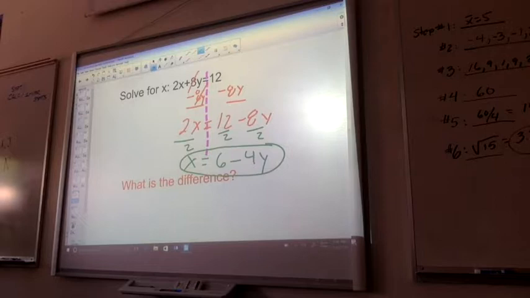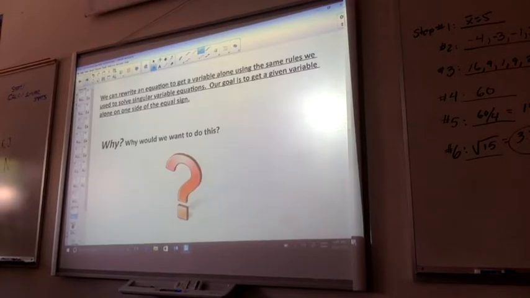All right. We can rewrite an equation to get a variable alone using the same rules we use to solve single-variable equations. So solving just for x or solving just for y, those are the only variables. Our goal is to get the given variable alone on one side of the equal sign. Now, this is a skill that you will utilize a lot in science.